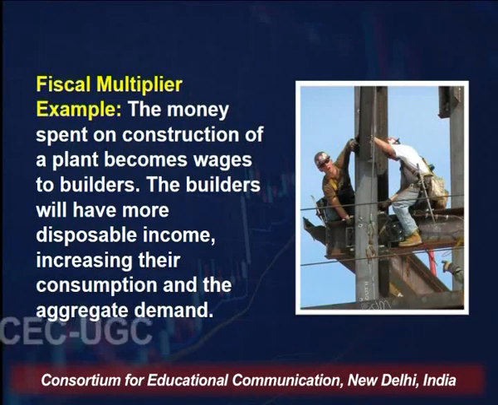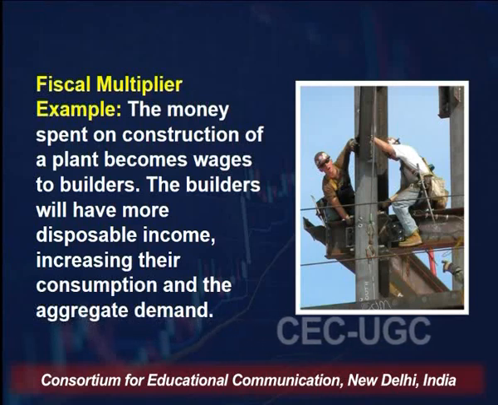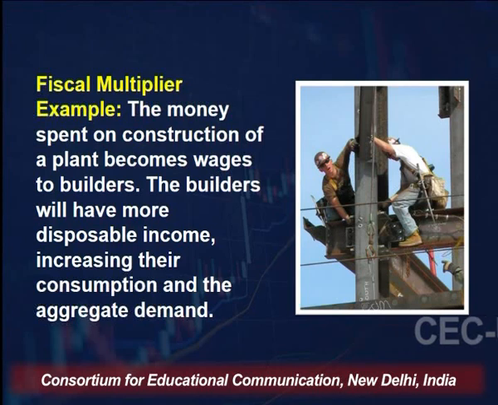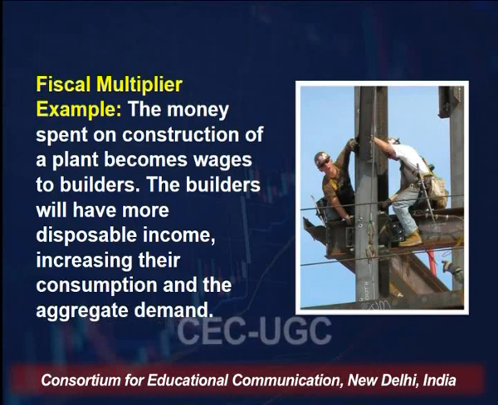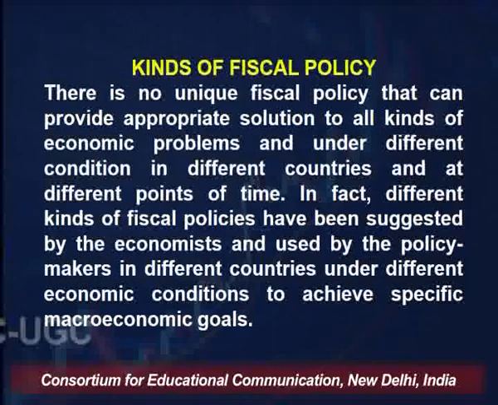Now, a fiscal multiplier example: you can see from the picture that the money spent on construction of a plant becomes wages to builders, and the builders will have more disposable income, increasing their consumption and aggregate demand.